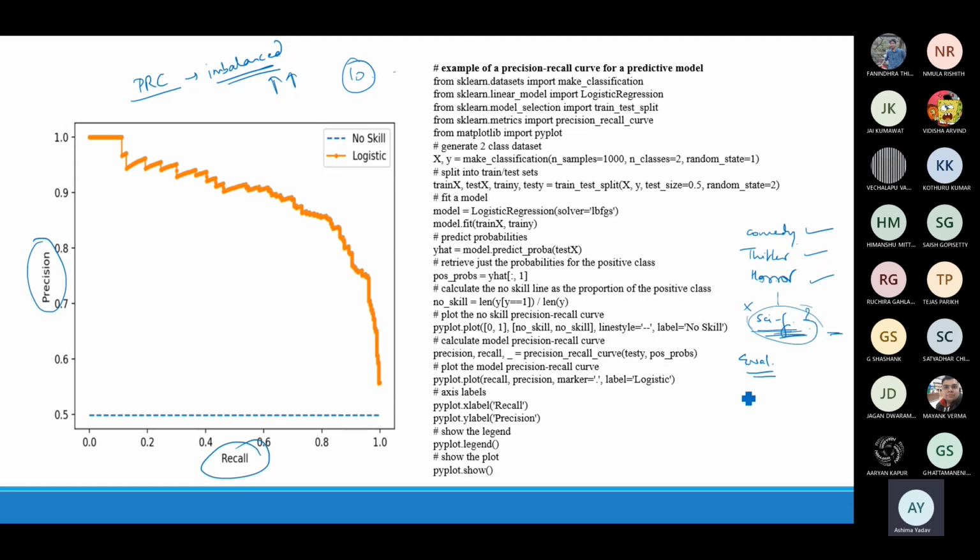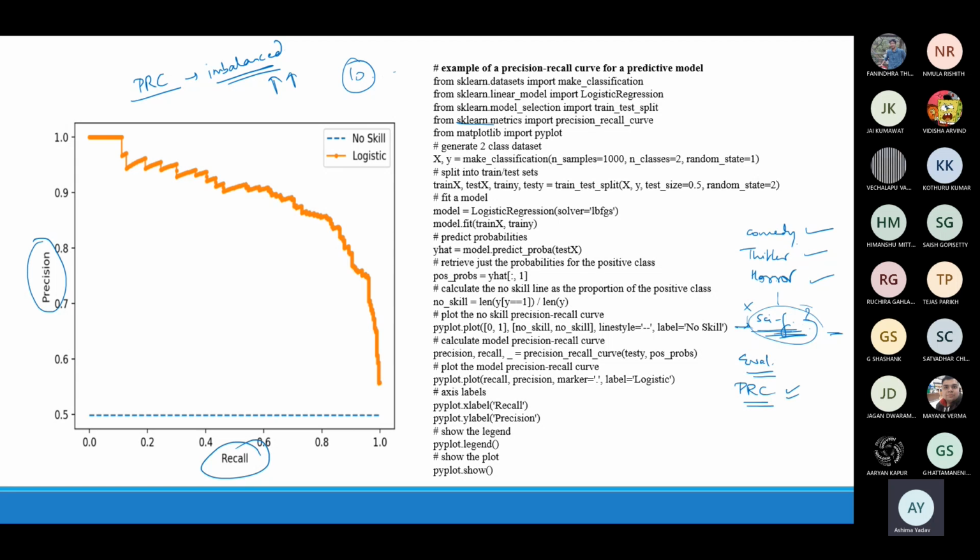For that you can use the precision recall curves, because they are generally good for imbalanced data sets, and they can tell you whether your model is able to learn the features from this class or not, or whether the model is biased to any class. Each and every curve, you already know that sklearn provides the libraries.